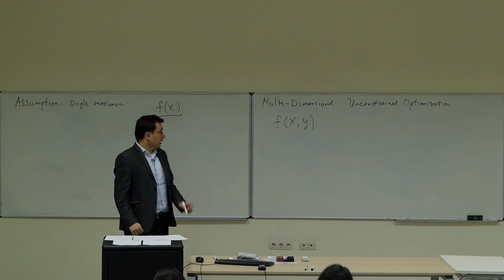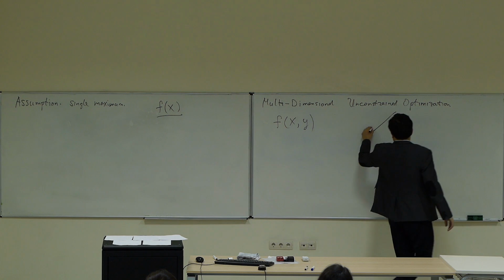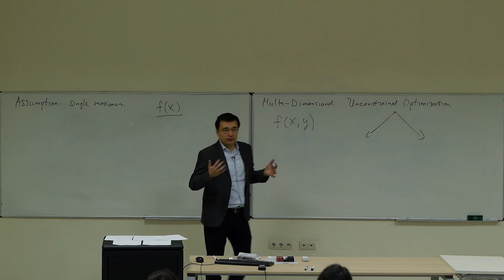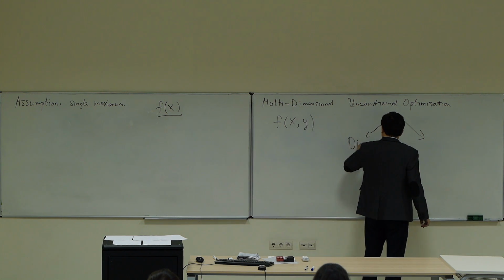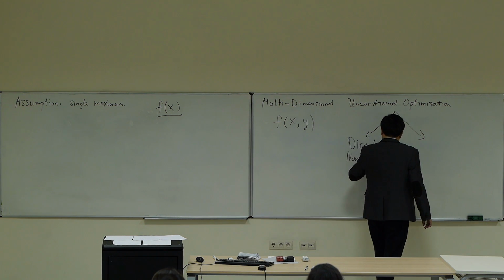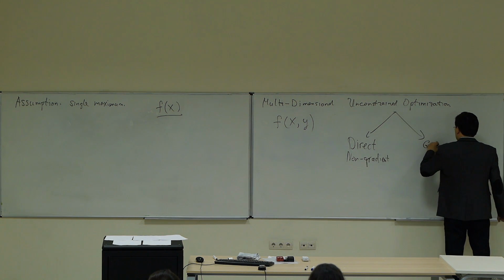All right. We're going to discuss two types of methods. Like in many situations before, there are two types of methods. One is called direct method or non-gradient method. Another one is called gradient method.